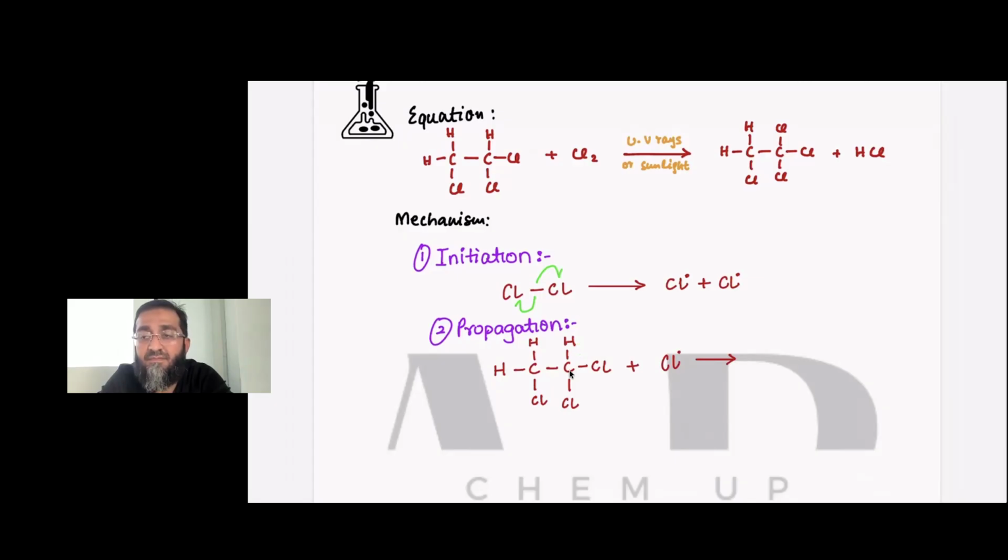And one from the bond to the carbon. Yes, so it shows that from this pair of electrons, one electron is shifting towards the carbon and one electron is shifting towards the hydrogen.